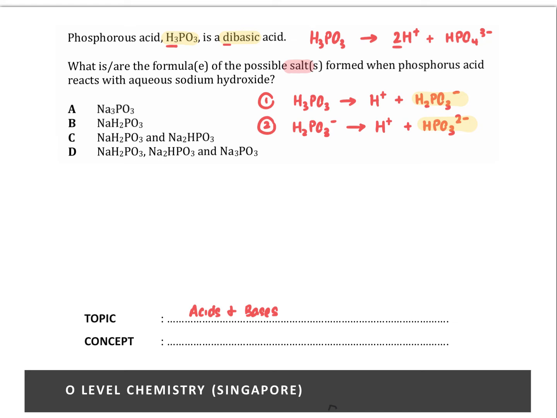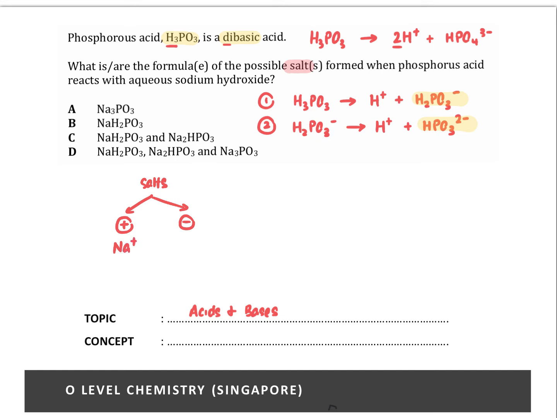In lessons we have learned that salts are ionic compounds. They are made up of a cation and an anion. We went on to further learn that the cation would come from your base, your alkali or your carbonate. So in this case it is Na+, and your anion would come from your acid.